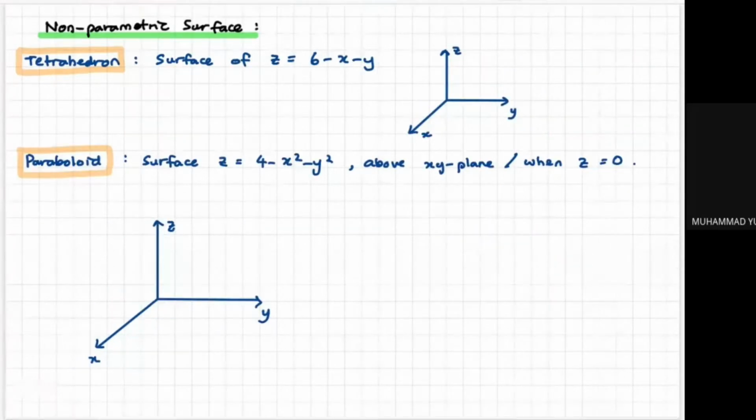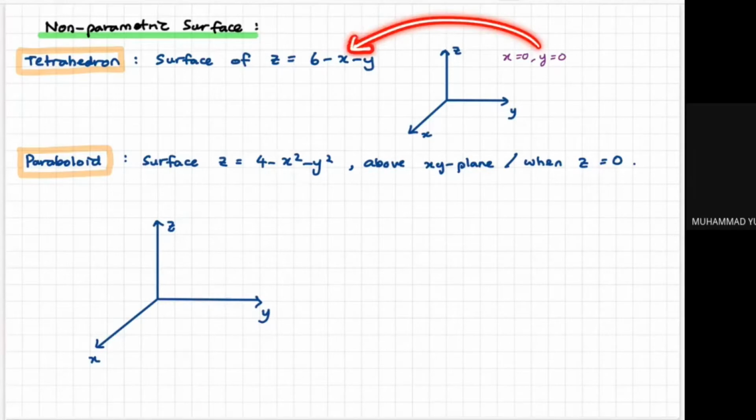For a non-parametric surface, you have a tetrahedron surface z equal to 6 minus x minus y. How do you draw your tetrahedron? To find the point on the z-axis, x equal to 0, y equal to 0. Substitute into this equation and you get z equal to 6.